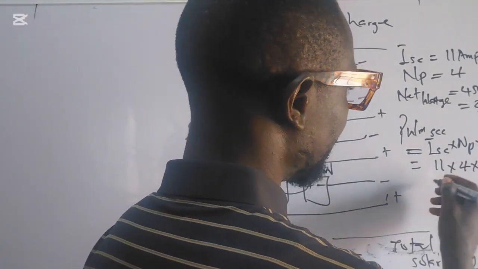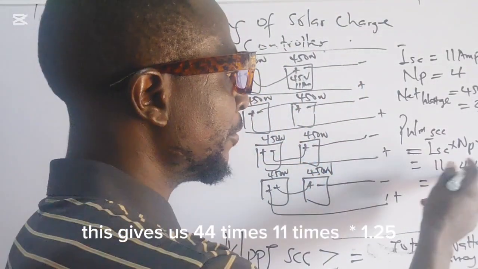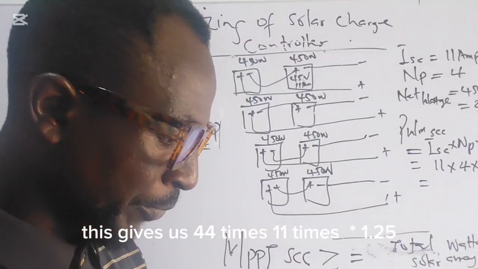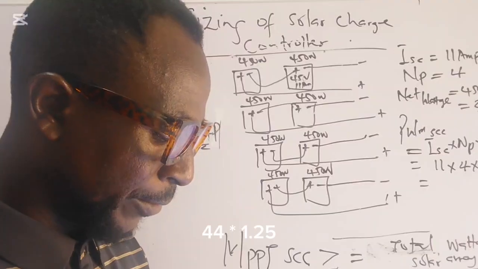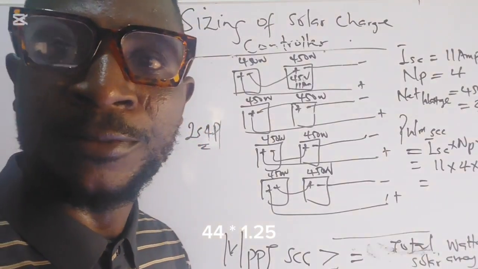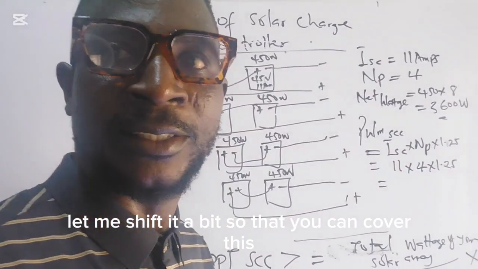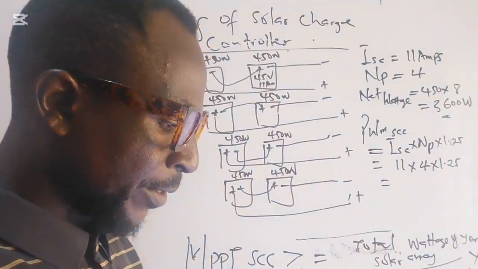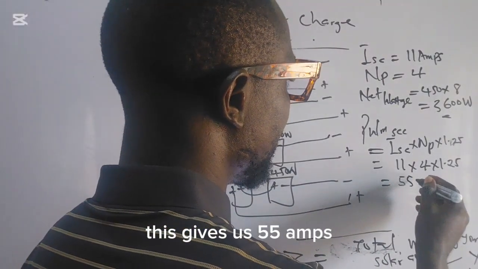Times 1.25. This is 11 times 4, 44 times 1.25. Let me calculate it so that you can follow. This gives us 55 amps.